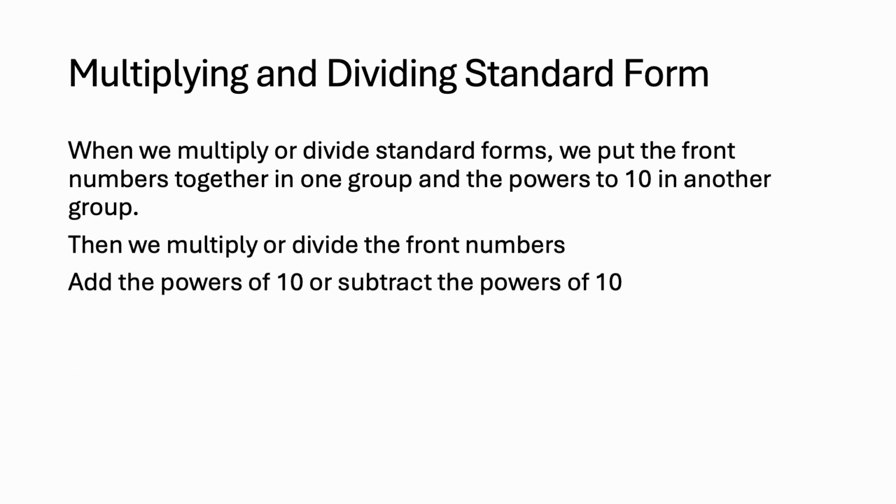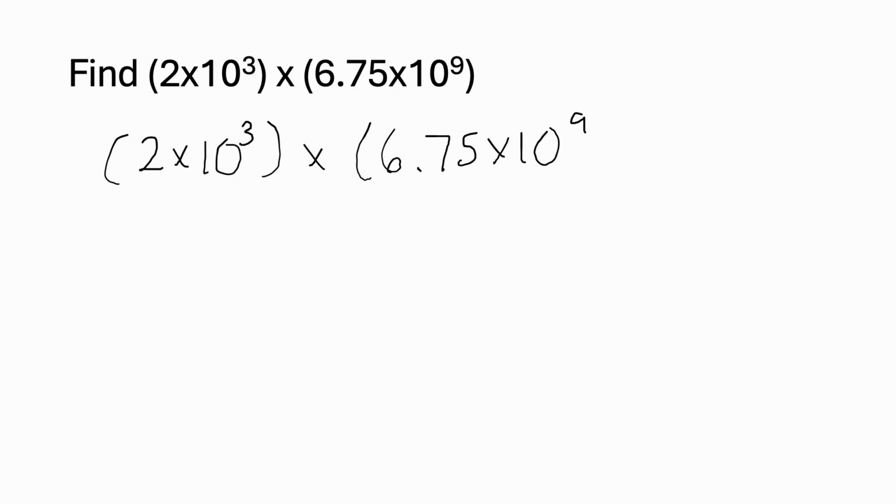Then we multiply or divide the front numbers and add or subtract the powers of 10 in the other group, depending on whether we are multiplying or dividing. So let's do an example. Here we have 2 times 10 to the power of 3 times 6.75 times 10 to the power of 9.